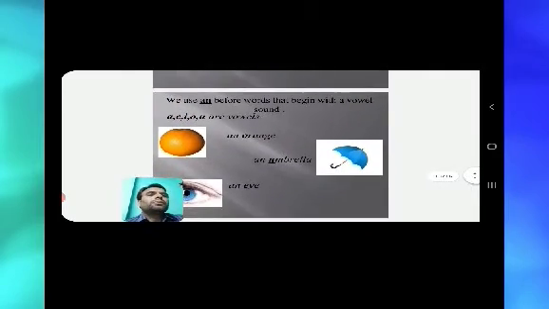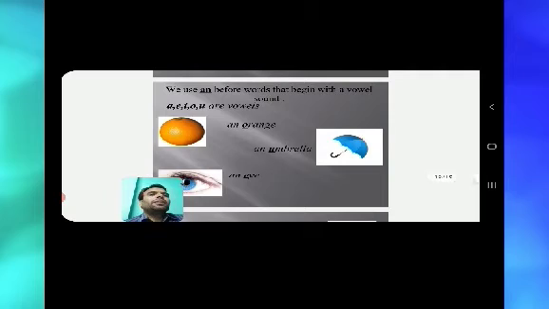Let's move further. We use an before words that begin with vowel sounds. This is the very basic thing to know and remember: an should be used before a vowel-sounded noun. What are the vowels in English?